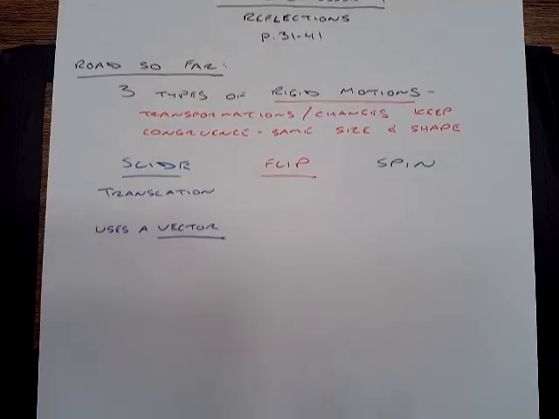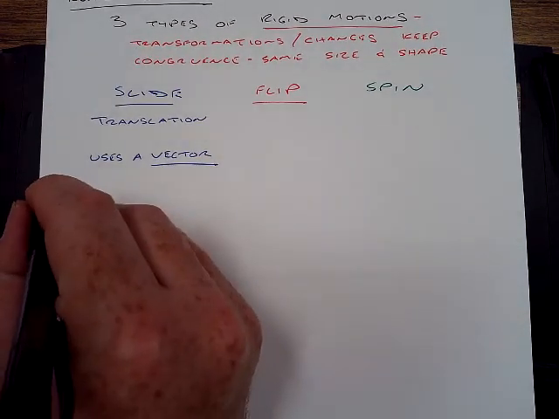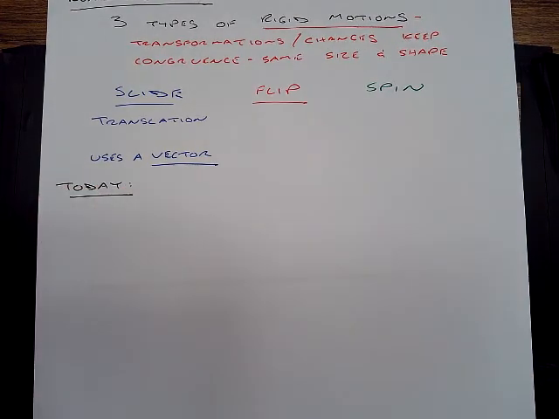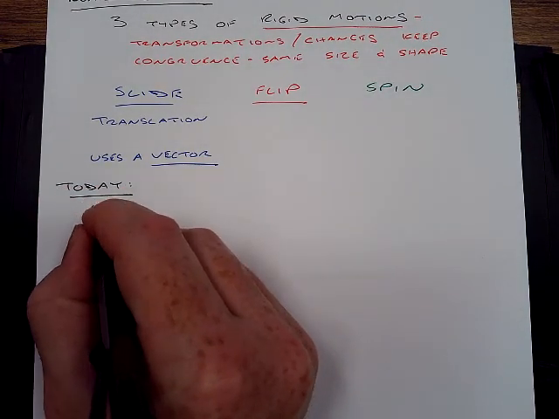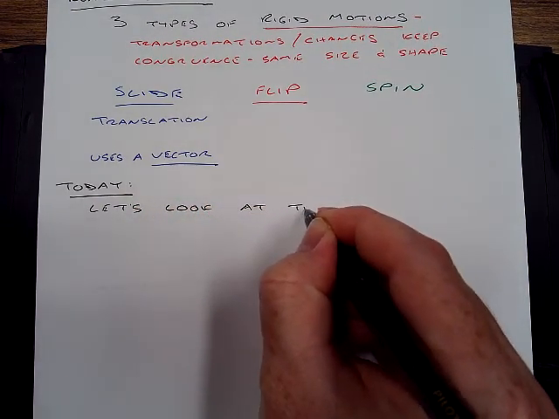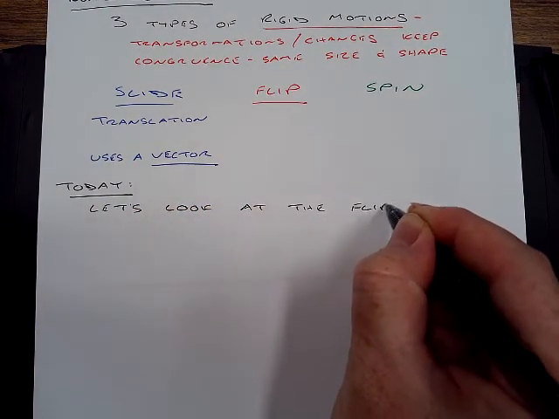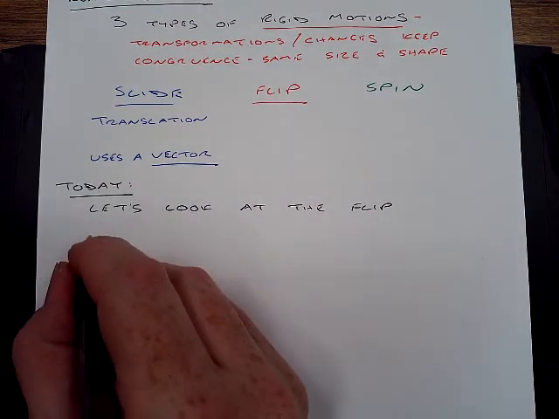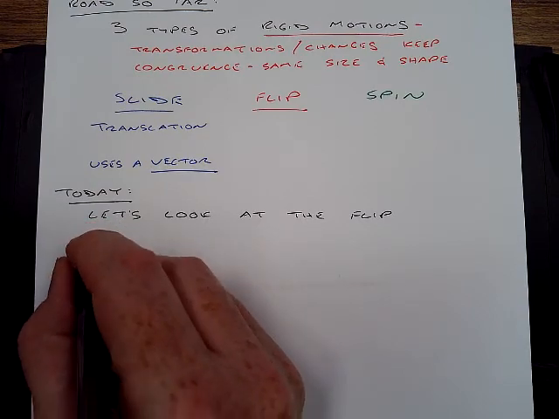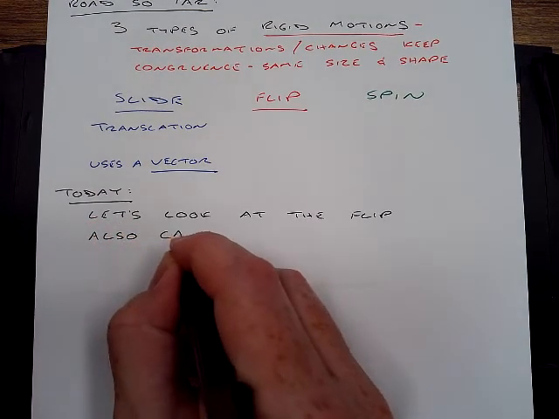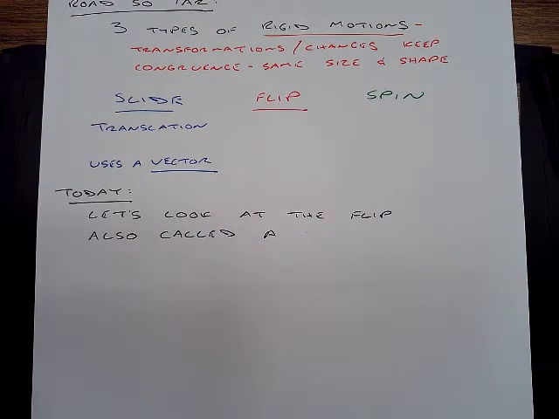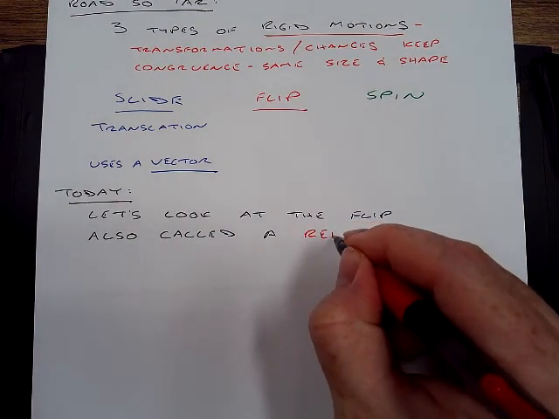So let's take some notes about what it means to flip a figure. So today, let's look at the flip. Now the flip, just like slide is also called a translation, the technical term for a flip is a reflection.